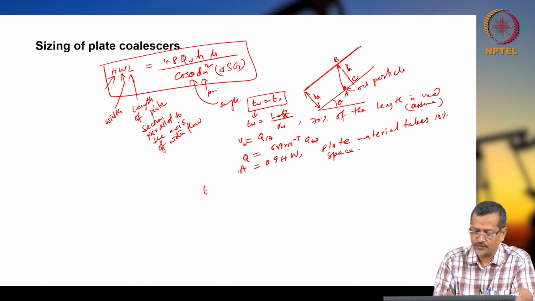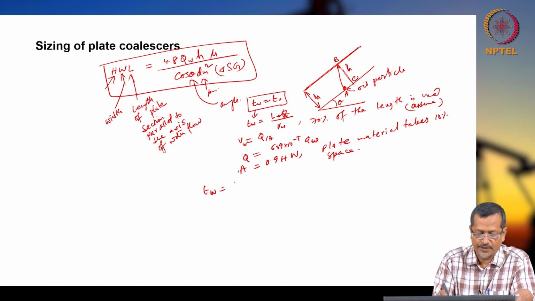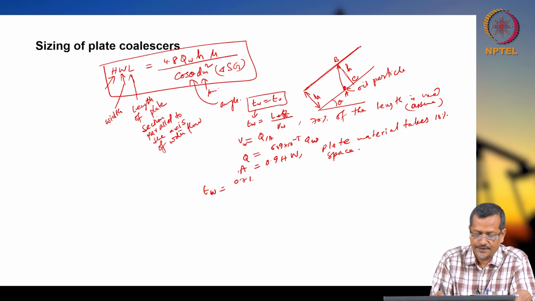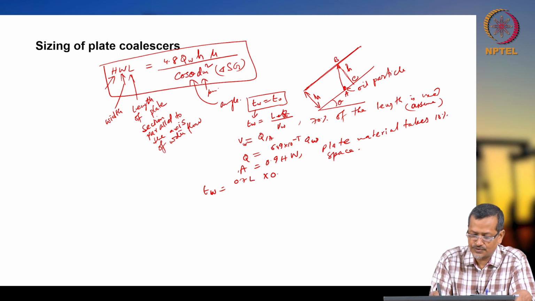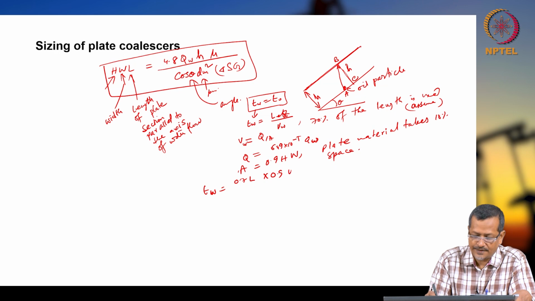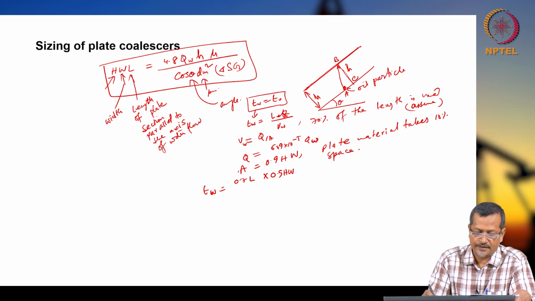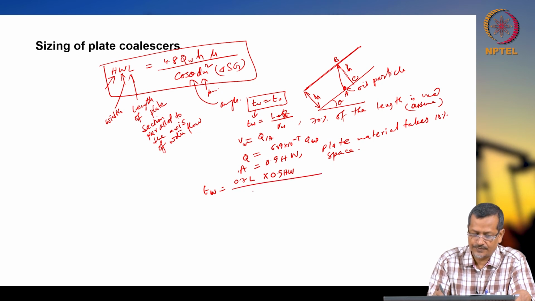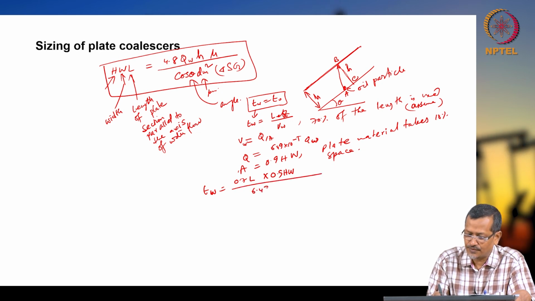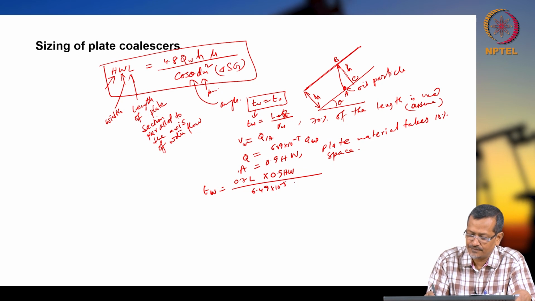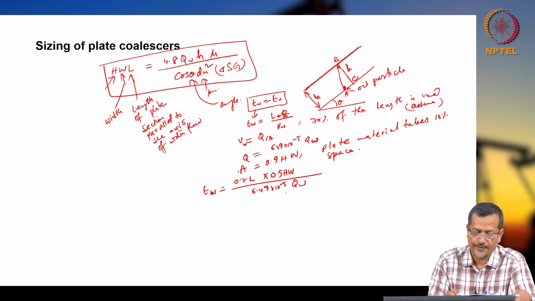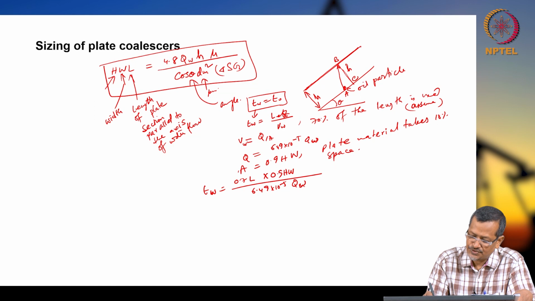So finally TW becomes 0.7 L into 0.9 HW, then QW is 6.49 × 10^-5 QW, H in inch.